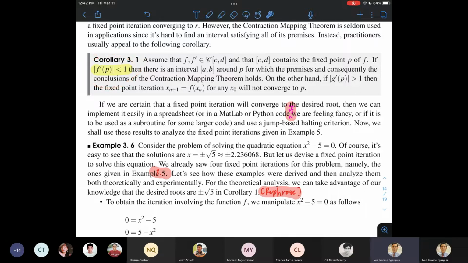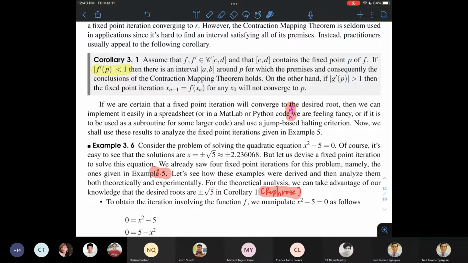And again, just a spoiler, nasabi ko na pala to kanina, so na-spoil na kayo. Kapag wala kayong access kay P, pwede nyo na lang kunin yung maximum ng F prime over that interval. Kung sure kayo na yung derivative ay hindi lumalampas ng 1 sa kahit anong x, then sure na kayo ng F prime of P ay magiging less than 1. Okay? Yun yata yung gagamitin nyo sa lab exer on Monday. Kasi nga hindi natin alam yung root.